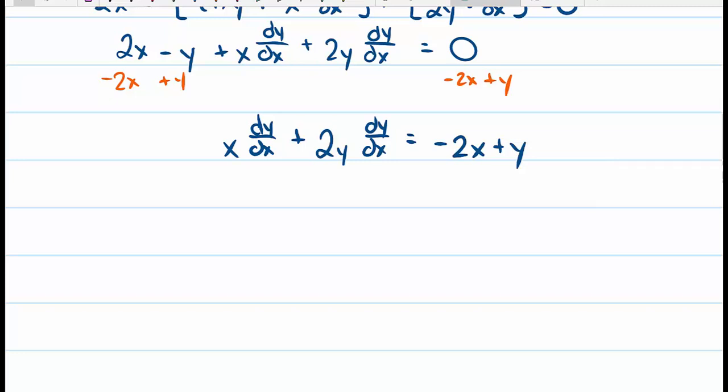So now, make sure I didn't make a mistake there. Everything looks okay. I'm going to go ahead and factor out that dy/dx. That's going to leave me with (x plus 2y) dy/dx is equal to negative 2x plus y.